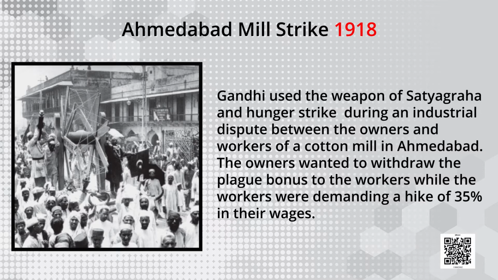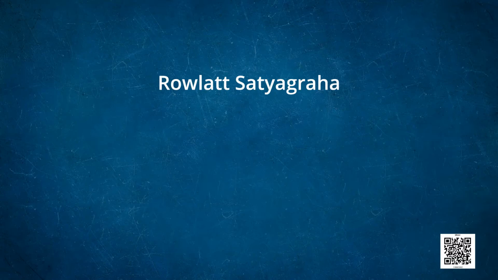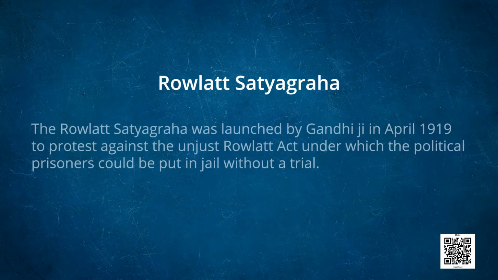He advised the workers to go on a strike and to demand a 35% increase in wages. All these movements proved successful to a great extent, and thus Gandhiji decided to adopt this method of satyagraha to launch a mass movement.